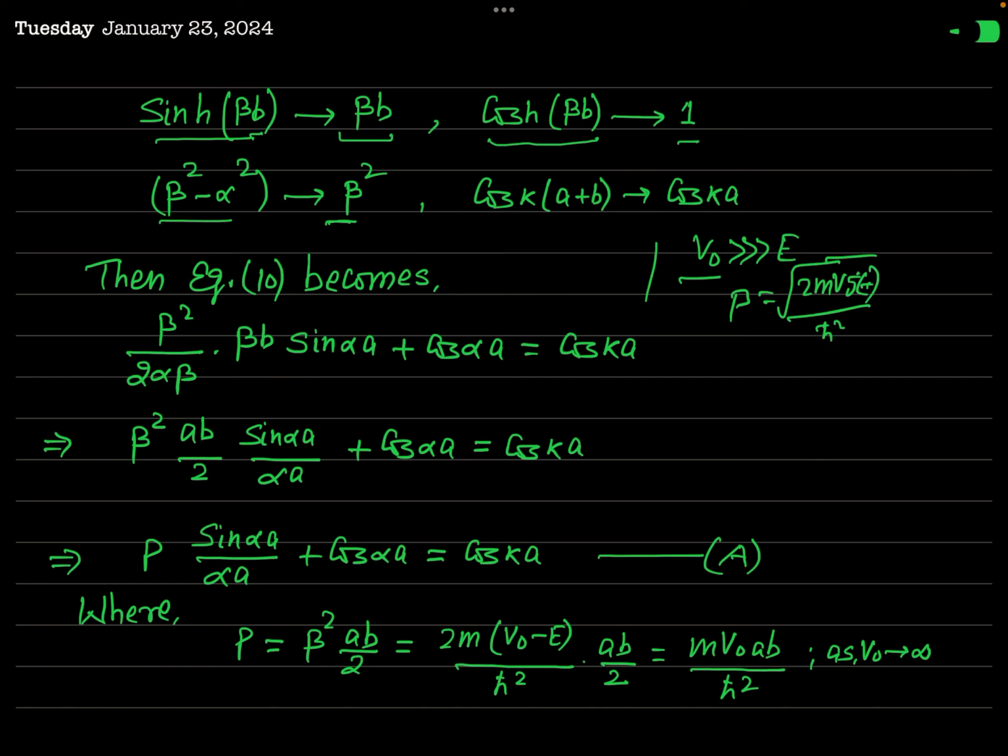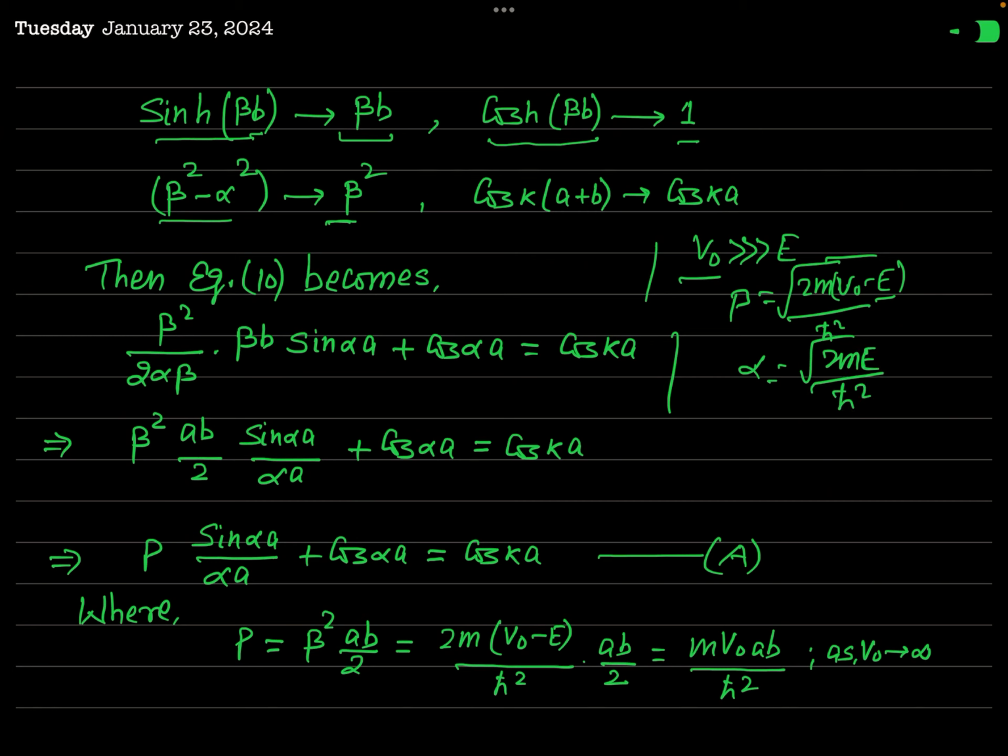You can neglect this E with respect to V naught, because V naught is tending towards infinity. And α, you have seen, is simply root over 2mE/ħ². But since V naught is much greater than E, β will be much greater than α, and so α² can be neglected in comparison to β². So β² minus α² is simply equal to β².